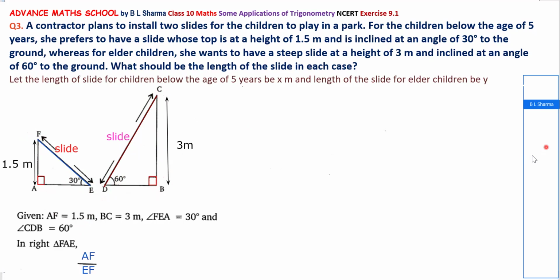So, in triangle FAE, AF upon EF, for 30 degrees, AF is perpendicular, EF is hypotenuse. Perpendicular upon hypotenuse is sine of 30 degrees, and sine of 30 degrees we know is equal to 1 upon 2.